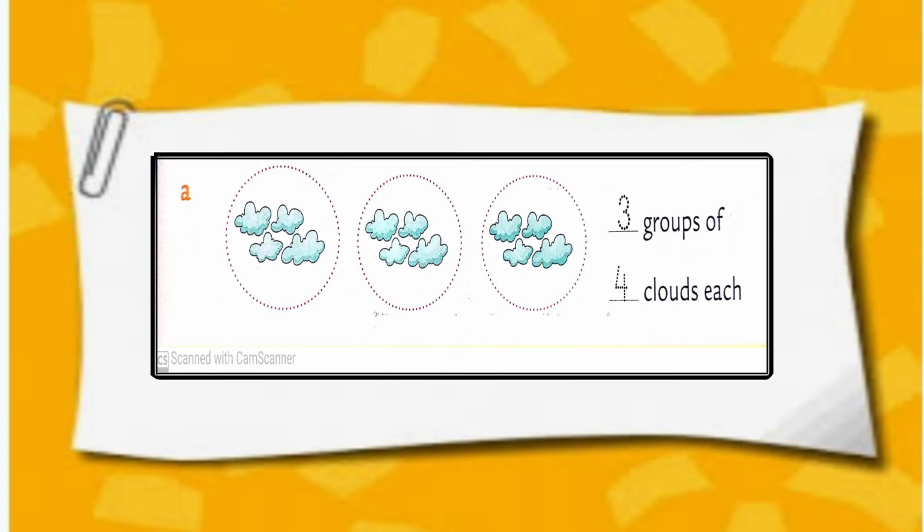In each group, you have to draw 4 clouds. Sum number A, where you have to draw 3 groups where 4 clouds in each group.